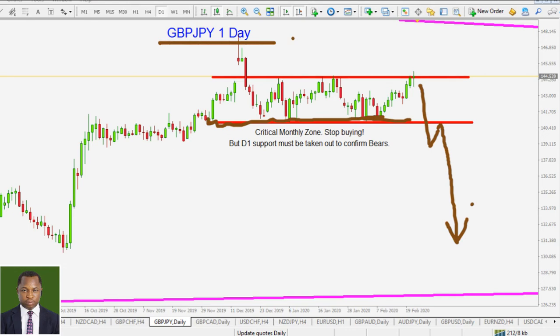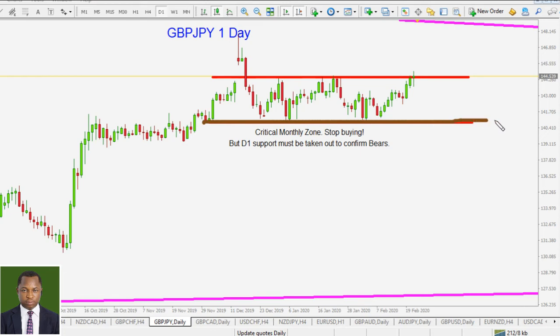You really want to wait for this level to be taken out. If you are brave enough, if you want to take some high risk, then you can go short around that level of resistance aggressively. That's an aggressive entry. More conservatively, you want this level to give way. You want price to break below that level, then pull back for a fall to the downside.